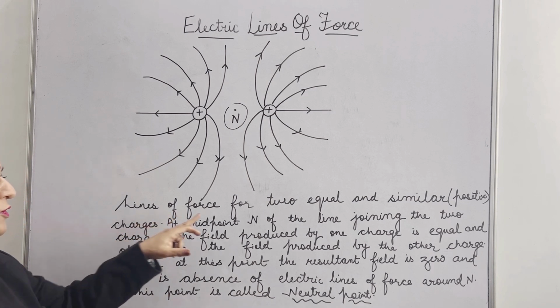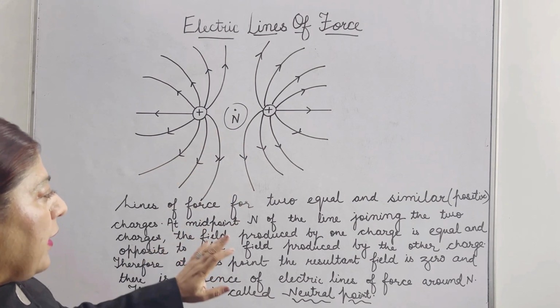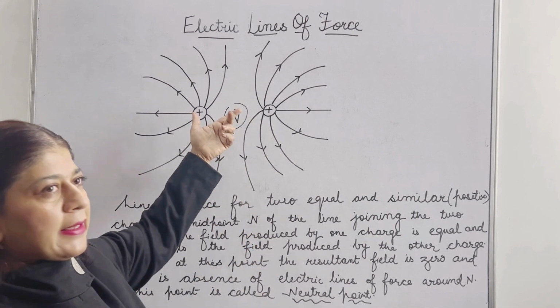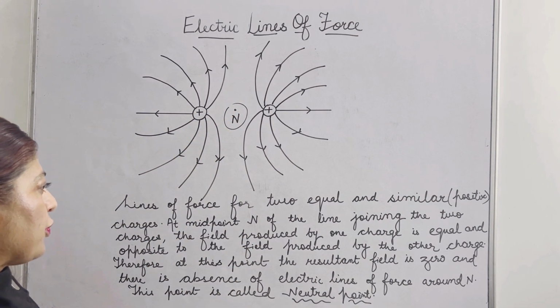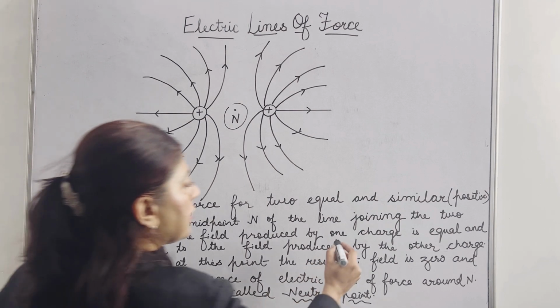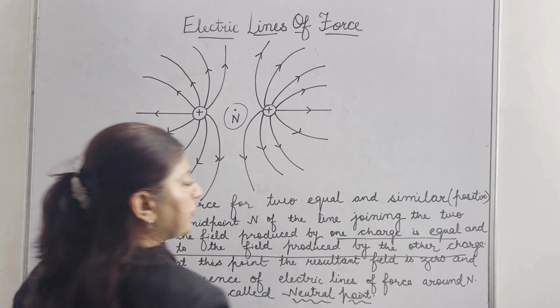For two equal and similar positive charges, at the midpoint lying on the line joining the two charges, the field produced by one charge is equal and opposite to the field produced by the other charge.